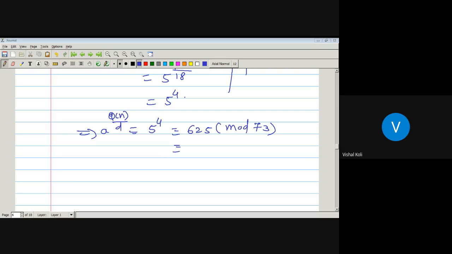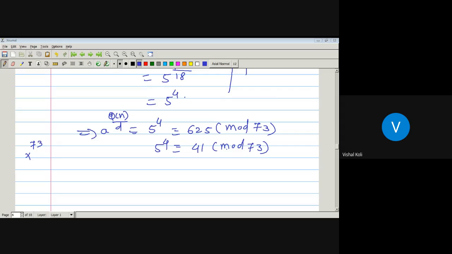Now what is 625 modulo 73? When we divide 625 by 73, the remainder is 41. So 5 to the power 4 is congruent to 41 modulo 73. That is, a to the power phi of n upon d is congruent to 41 modulo 73.